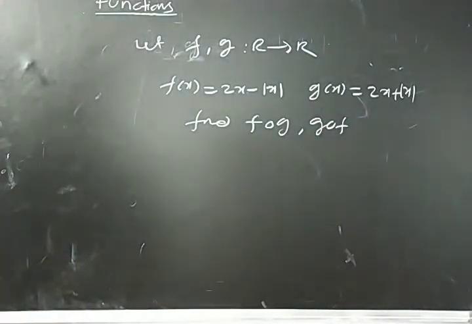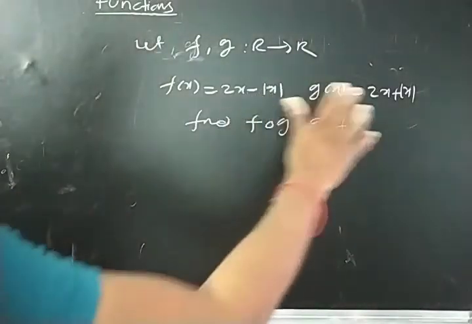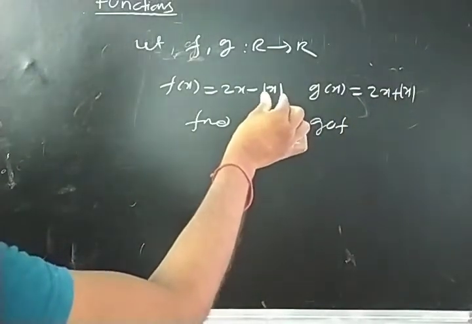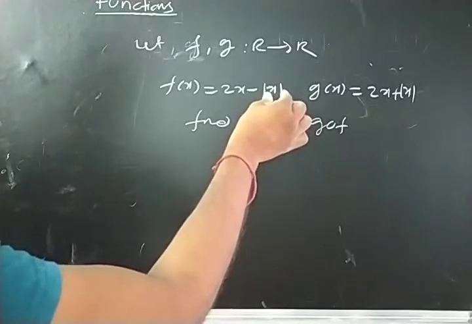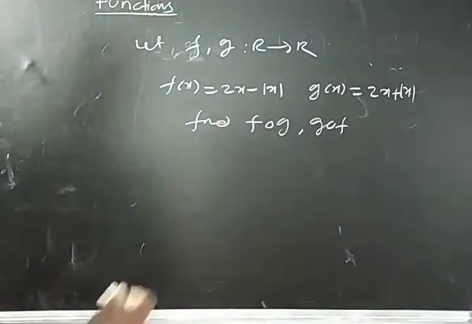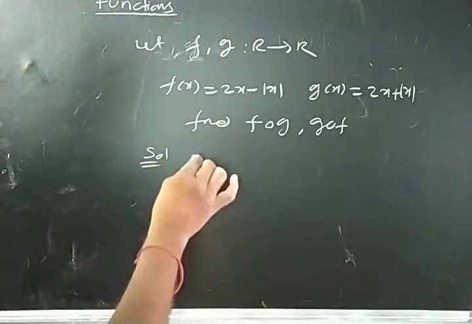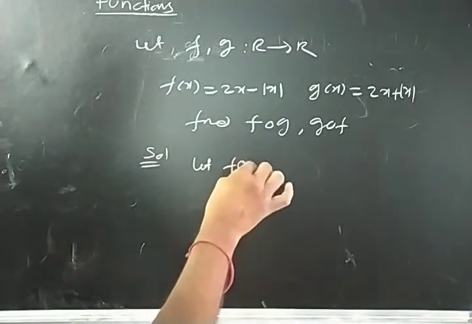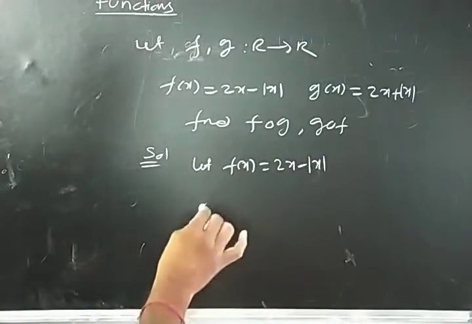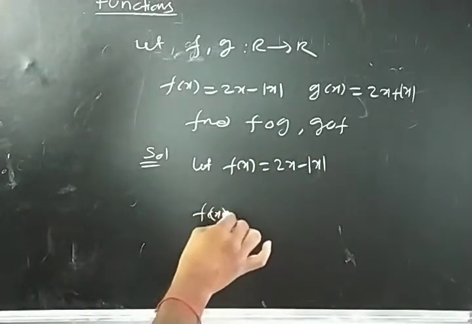Right. Now here we have mod. Mod means the modulus function. It depends on the x quantity. If x is less than 0, in place of mod x we should take minus x. If x is greater than 0, in place of mod x we should take only x. So first I am writing the given definition. f of x is 2x minus mod x, but f of x has two cases.